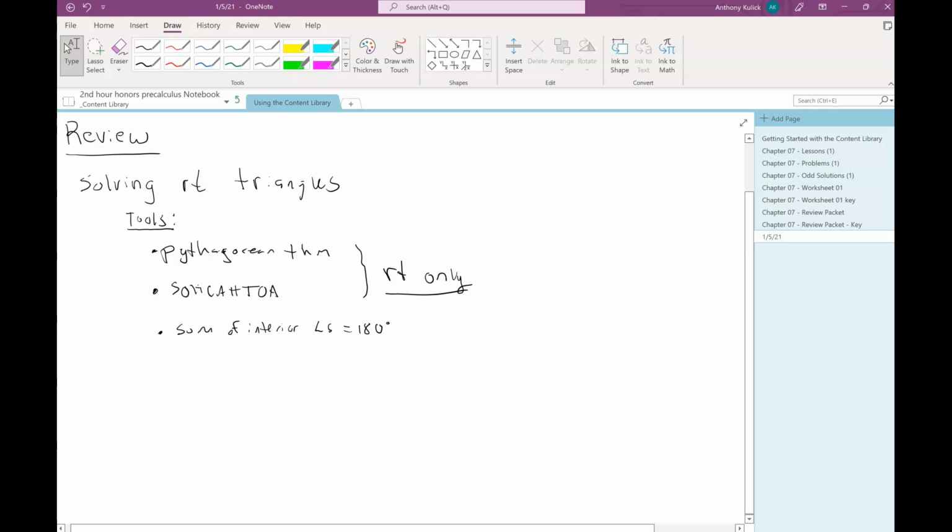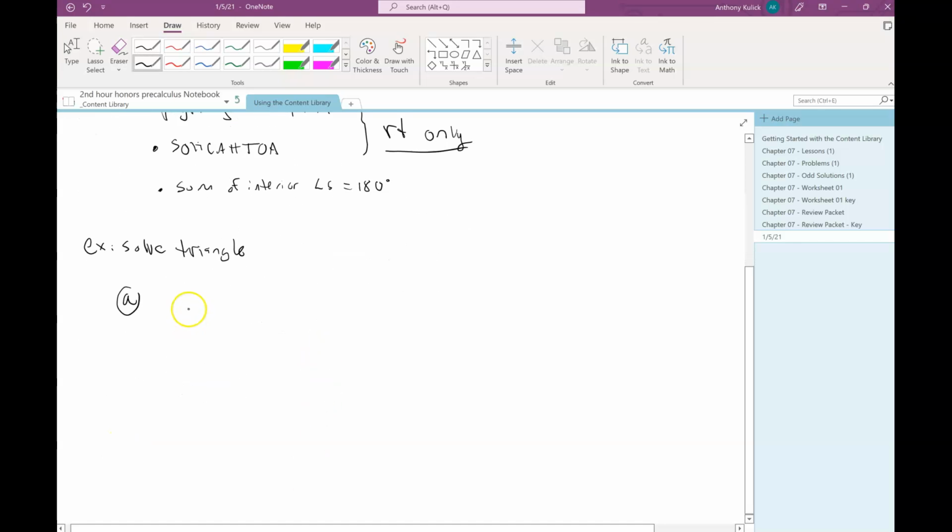Everybody, that stuff's all relatively familiar. Let's run through a couple of quick examples here. So there's two basic situations that we can be in when we're solving a right triangle. One situation is where you're given an angle measure and a side length.